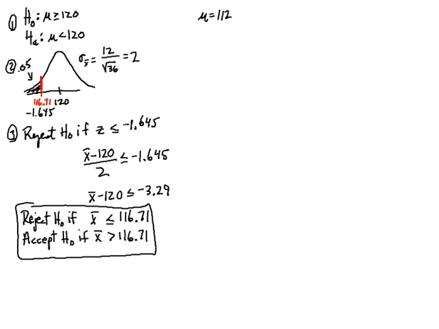Now, if I accept the null hypothesis as being true, that the battery average life is at least 120, and it turns out that the real average life is 112 hours, then I've made a type 2 error. So the question here is, if the actual population average is 112, what is the probability of making a type 2 error?